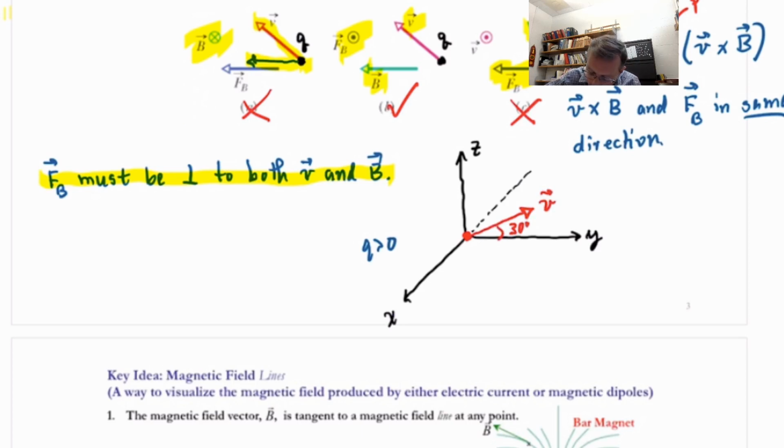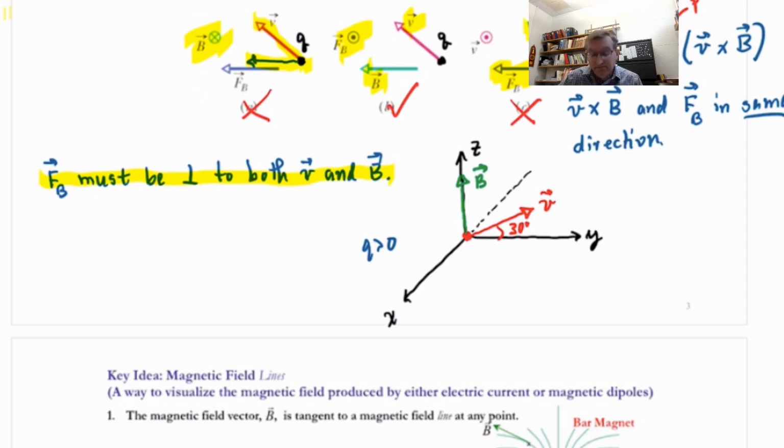And the magnetic field is straight up along the z-axis. What can you tell me about the direction of F magnetic? Okay, that's what I'd like you to think about. Pause the video, think about the direction of F magnetic, and then come back.